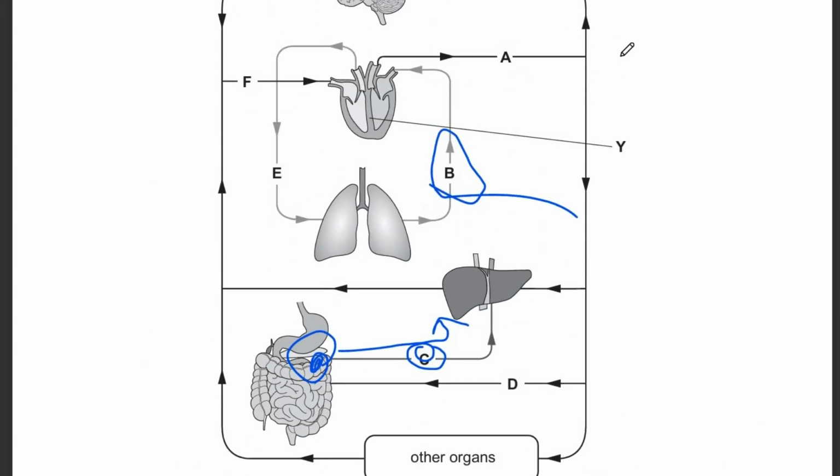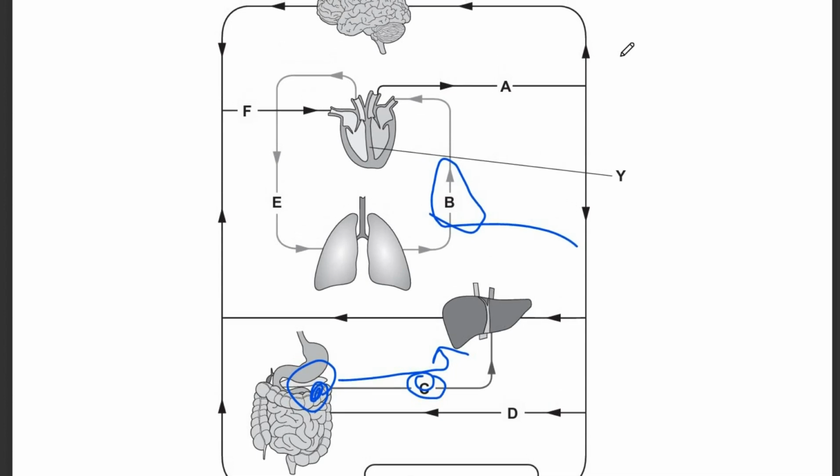Alright, so we need to figure out all of the blood vessels that are carrying the blood away from the heart. So obviously B and C are going to be omitted. We are not going to focus on B and C and waste our time, because we know that they both are veins. Alright. So let's see what else is going away from the heart. Is this an artery? Can we call it the artery because it is going away from the heart?